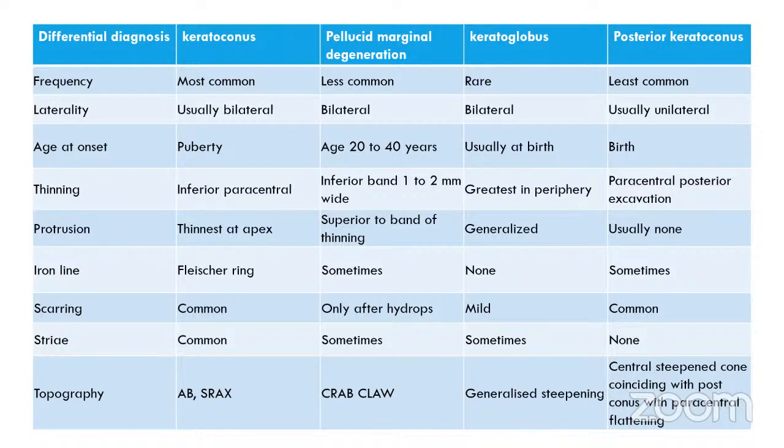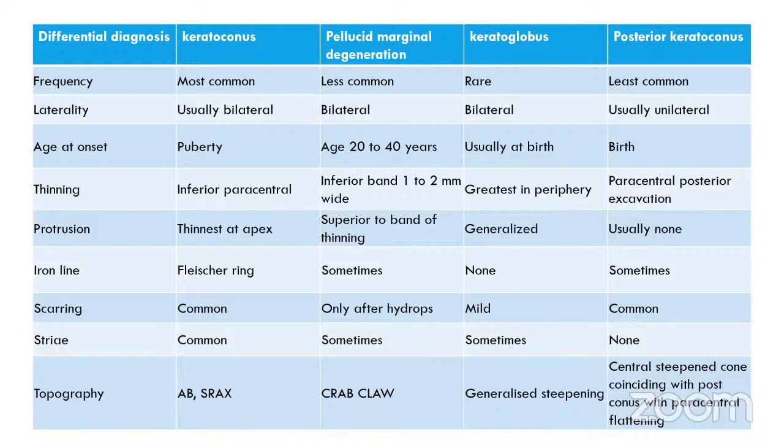Protrusion is thinnest at the apex in keratoconus, superior to the band of thinning in PMD, and it is generalized in keratoglobus and it is not seen in posterior keratoconus. Iron line, Fleischer's ring, is seen in keratoconus, sometimes in PMD, and not in posterior keratoconus and not in keratoglobus.